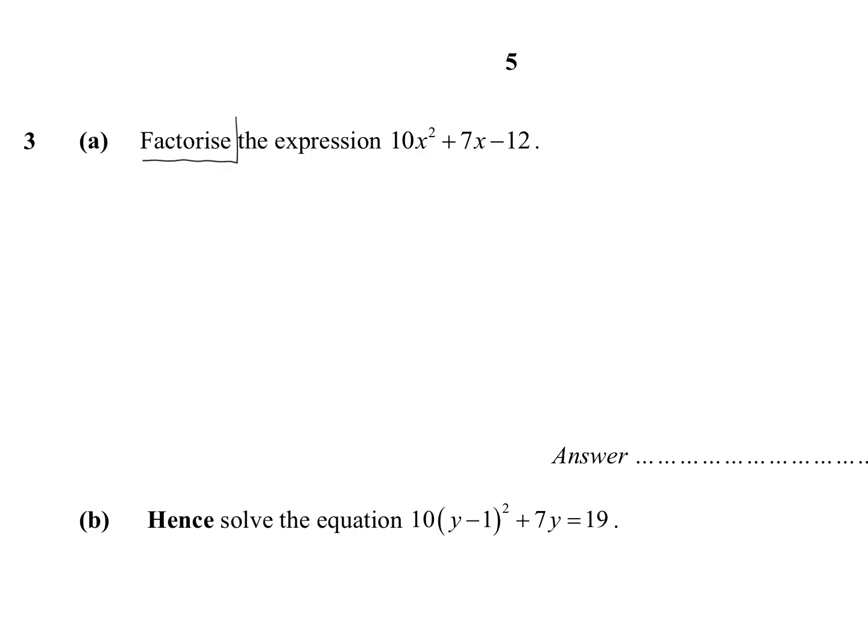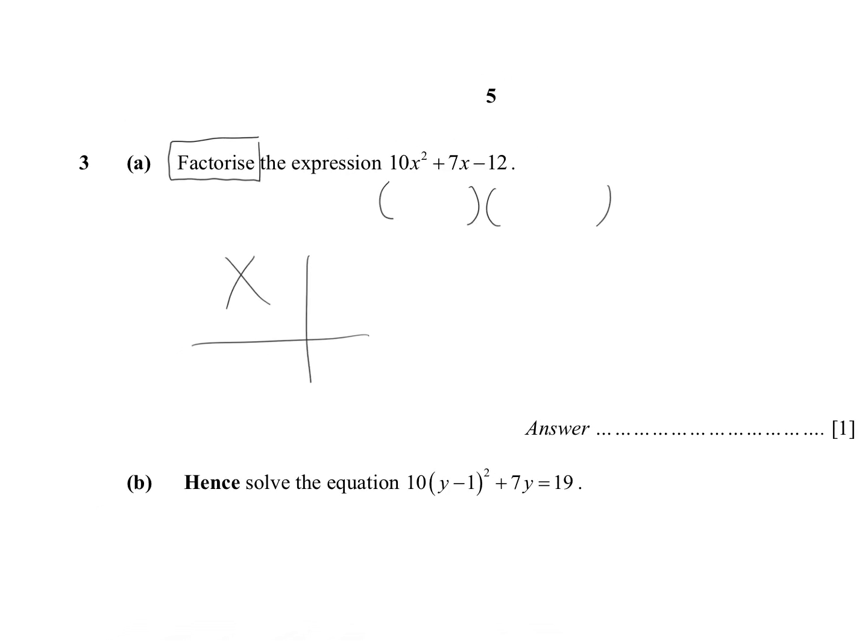Factorization is not solving. Factorization means I want you to express this as a product of 2 different terms, 2 different factors. Some of you went to complete the square. Complete the square is complete the square. Factorization is this one. So, if you use the calculator, it will give you 2 solutions.